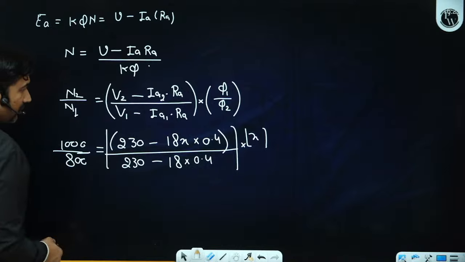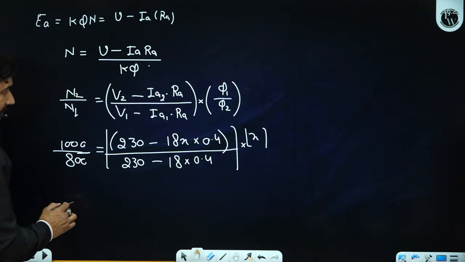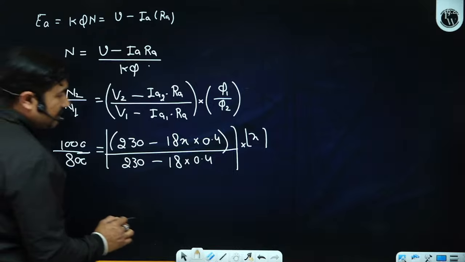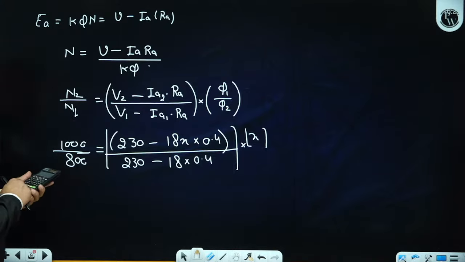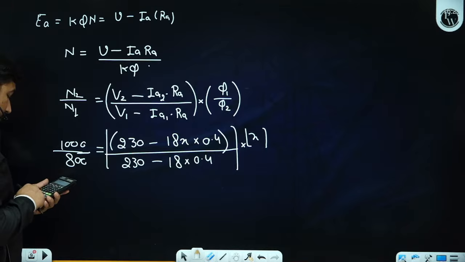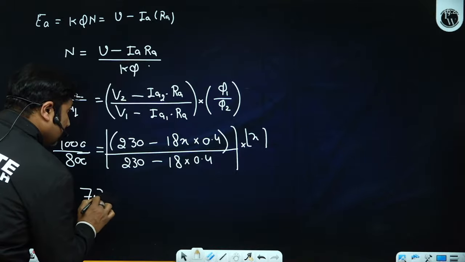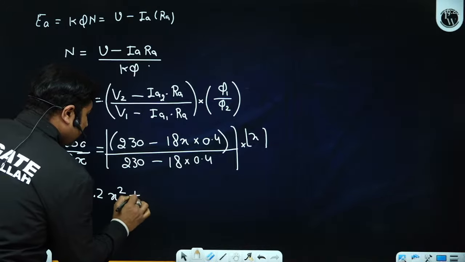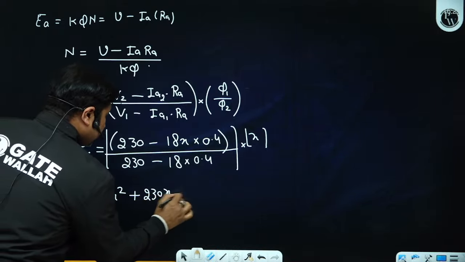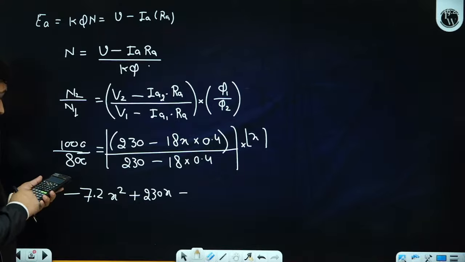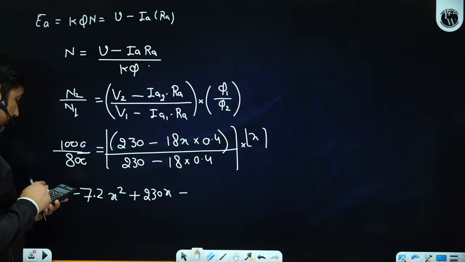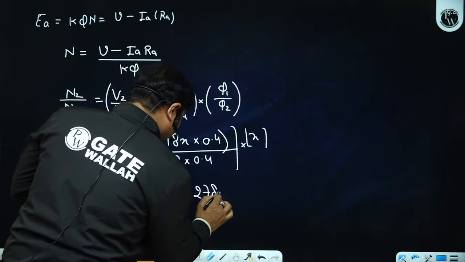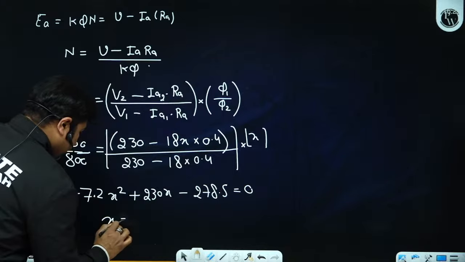So this equation is going to be a quadratic equation now, and we have to solve the quadratic equation to find the value of x. Okay? Yes, sir. So 18 into 0.4 is your 7.2 x square, minus 230x, plus 230 minus 18 into 0.4 into 1000 by 800, that is 278.5, equals 0.